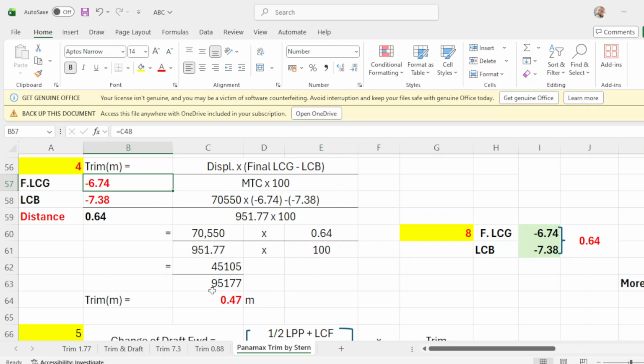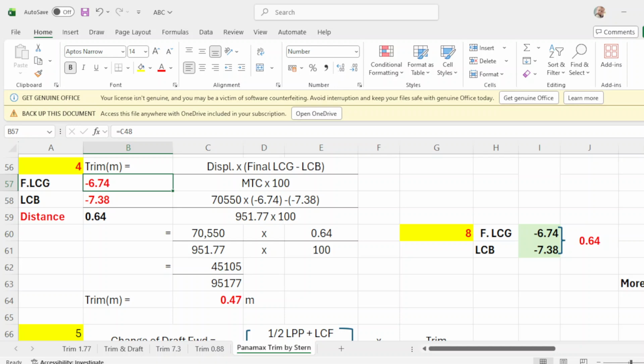Divide this value over your MTC, your trim will be 0.47 positive, meaning you are trimmed by the stern. If this is positive, you are trimmed by the stern. Okay, that is number 4.